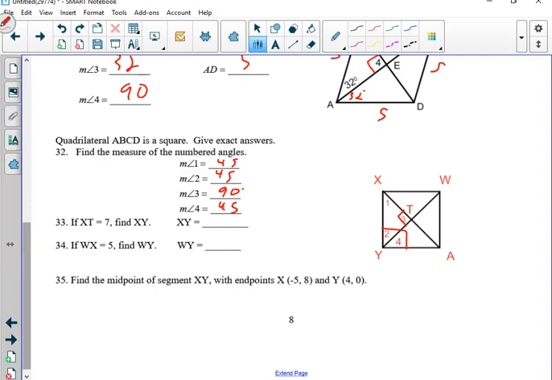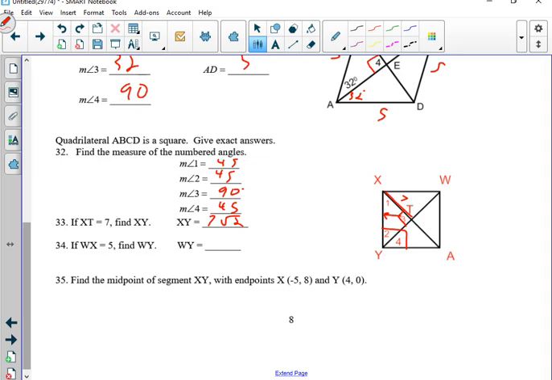Now, if XT is 7, what's XY? Well, XT right here is 7. This is our hypotenuse, XY. On a 45, 45, 90 triangle, 7 times root 2 would be the hypotenuse.